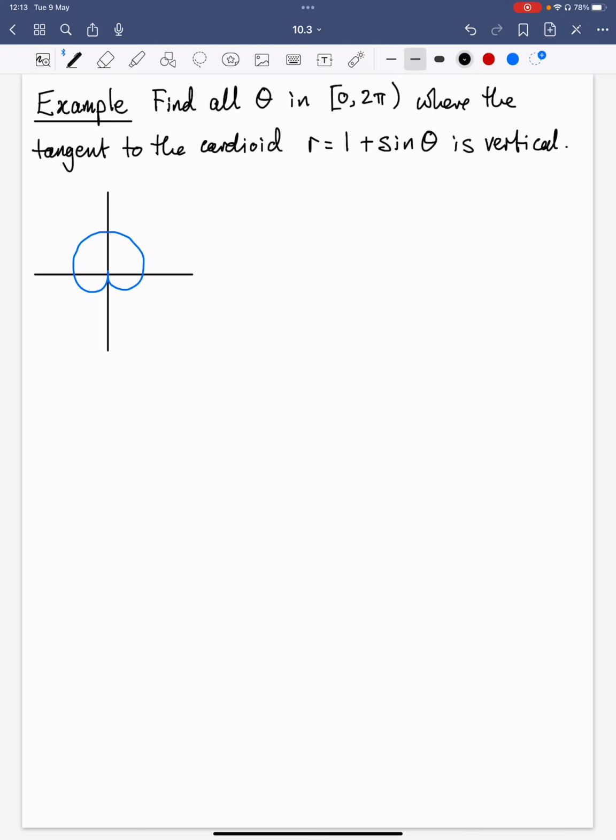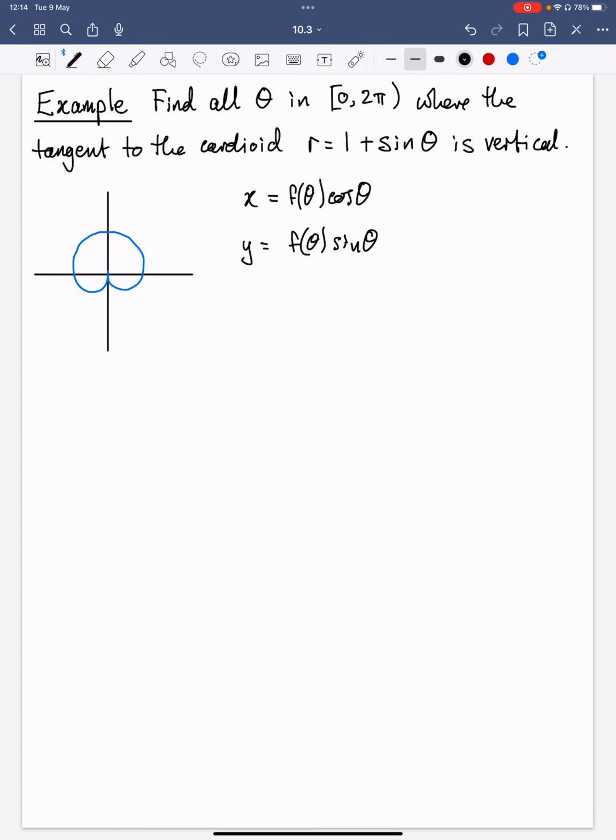So how do I do this? Well, I need to find the equation for the tangent. If this is the equation for the polar curve, then I'll switch to parametric. So I'll say x is f of theta cosine theta, where f is always this polar equation here, and y is going to be f of theta sine theta.